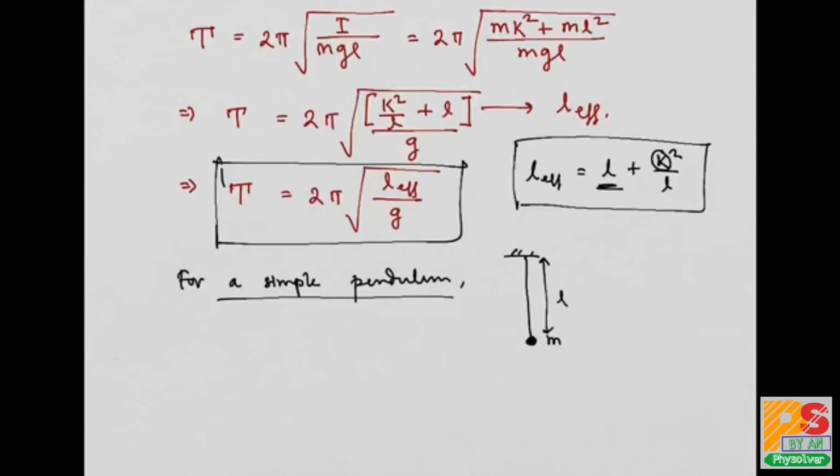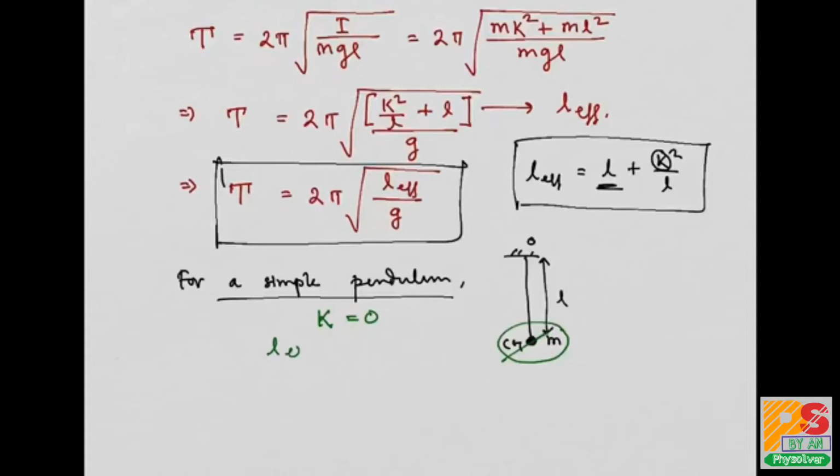Now the distance of the pivot point from the center of gravity is L. So L is L here. Now what is K? K is the moment of inertia of this bob about its center of gravity. Since this bob is a point mass, for a simple pendulum K will be 0.